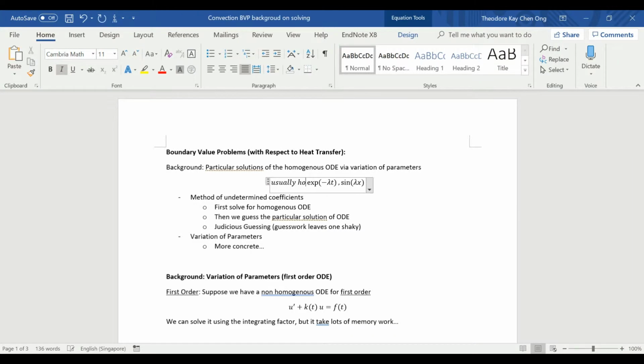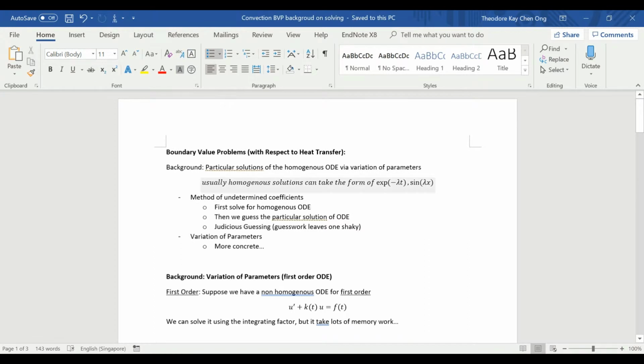Usually homogeneous solutions can take the form of exponentials, sines and cosines. These are the usual homogeneous solutions for ODEs, very commonly found.